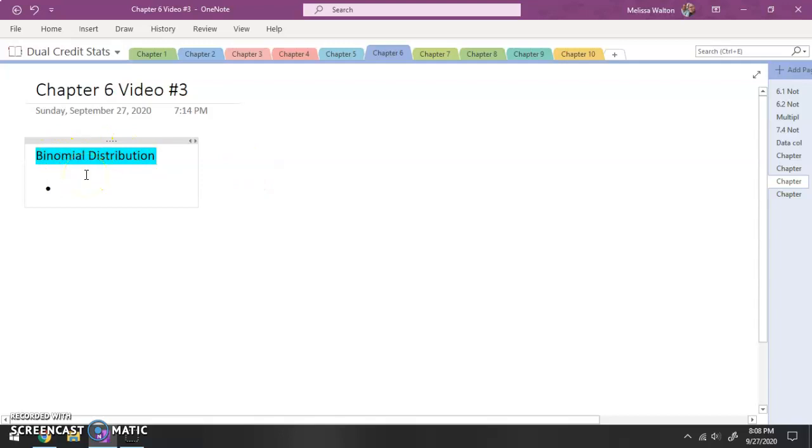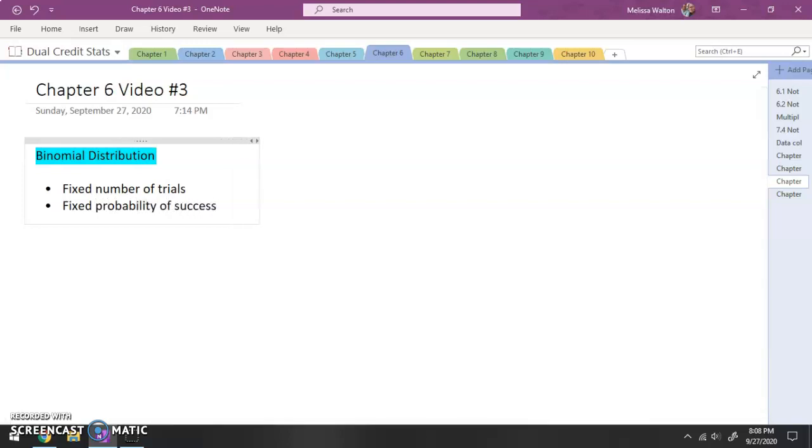So, a few things to say about the binomial distribution. This is when there are only a fixed number of trials. We have a fixed probability of success.